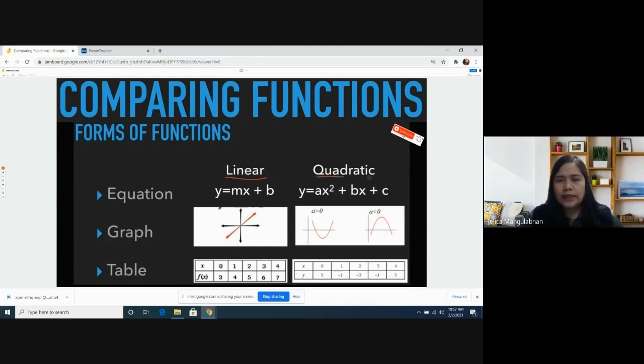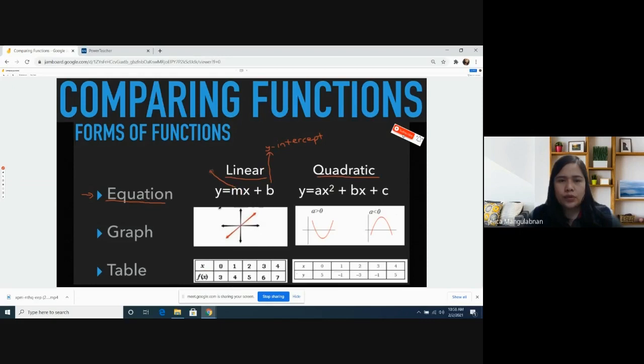Under the key features, we can easily identify the difference between linear and quadratic first through its equation. By equation, the standard form of the linear equation is written in first degree only, in slope-intercept form, y equals mx plus b, where b is the y-intercept and m is the slope.